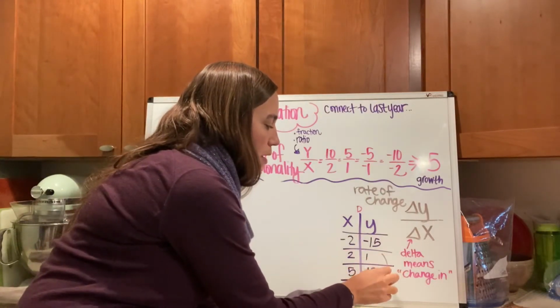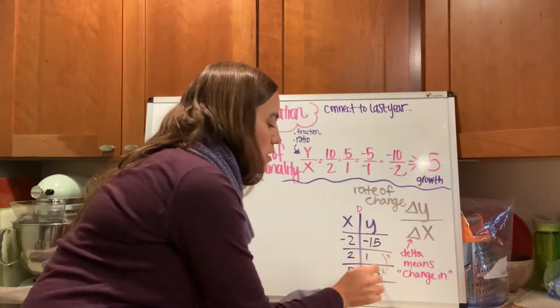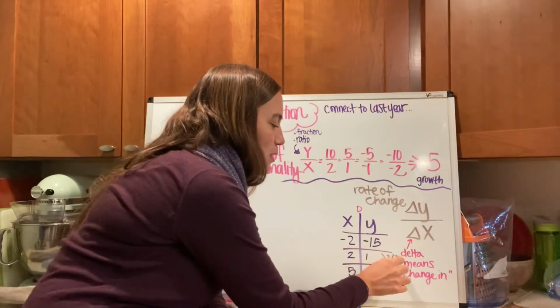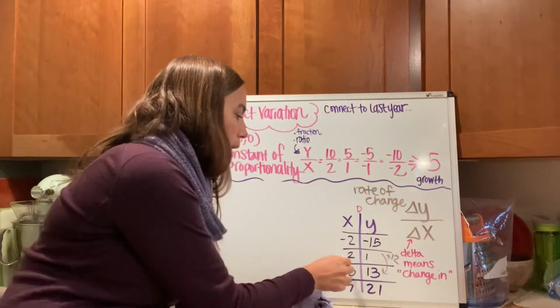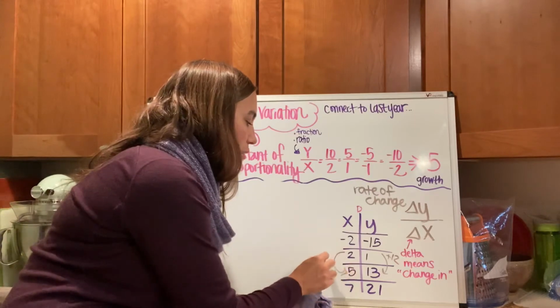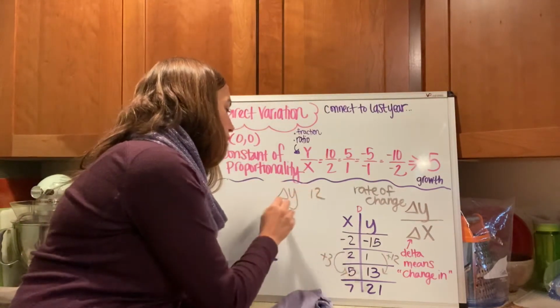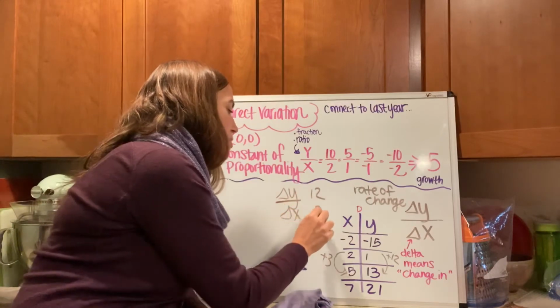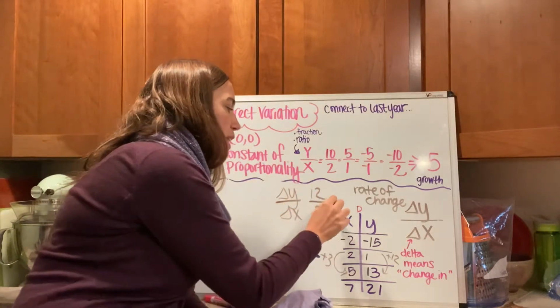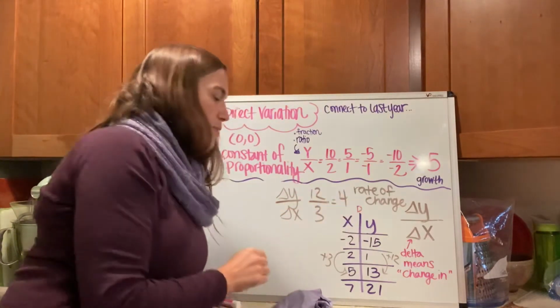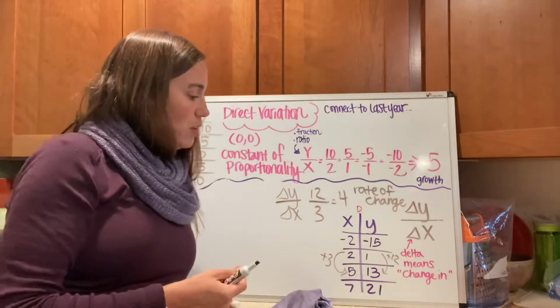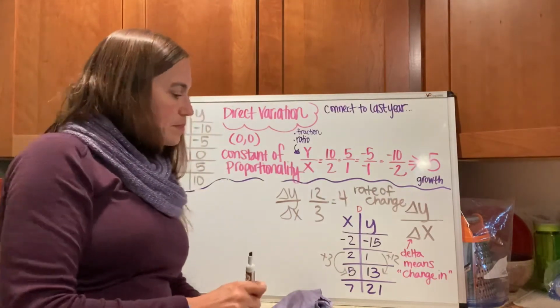I'm going to go from 1 to 13, I'm increasing by 12 for my change in y. Going from 2 to 5, I'm increasing by 3. So my change in y is 12, my change in x is 3, and if I simplify that, my rate of change is 4. I could even say that that's my operation, what I'm increasing by.